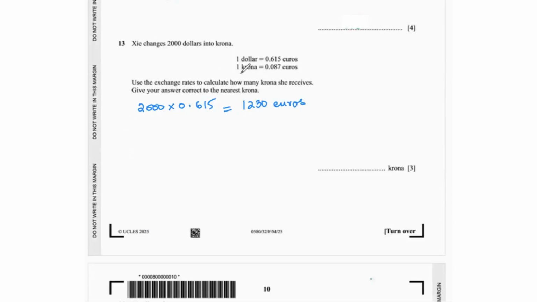Then 1 krona is 0.087 euros. So 1 euro is going to be 1 over 0.087 krona.